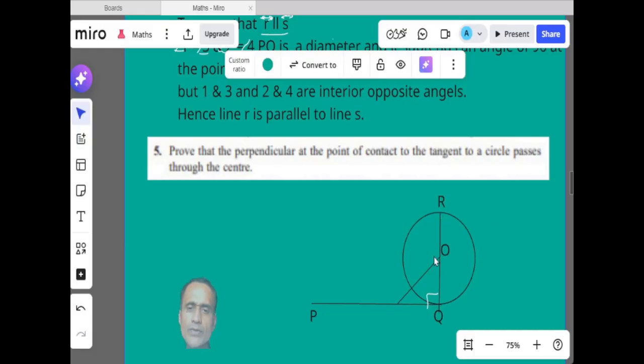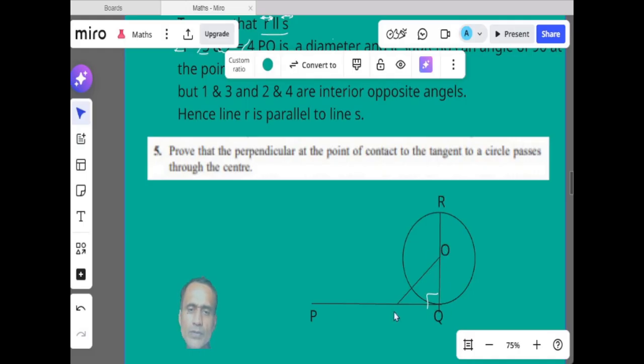So what we will do is assume that there is a point R such that RQP is perpendicular to the circle and RQ is the diameter. Since RQ is the diameter, angle Q is 90 degrees. Why? Because of the same theorem.